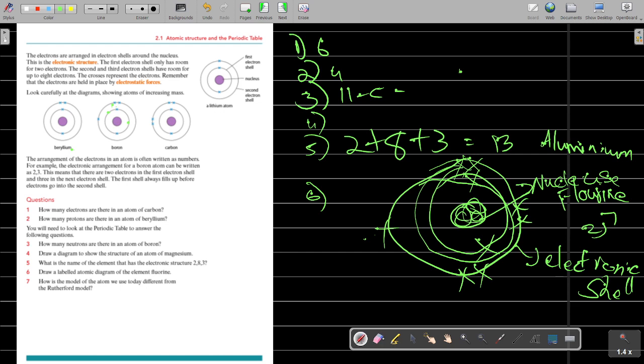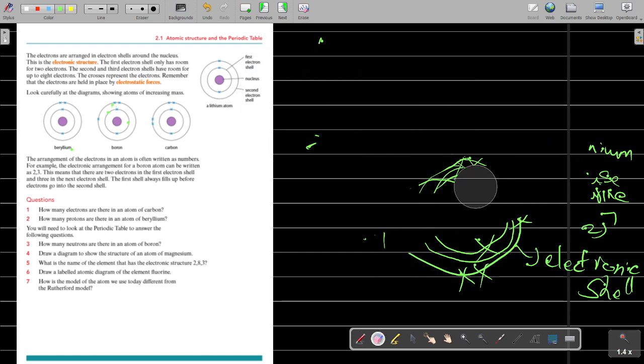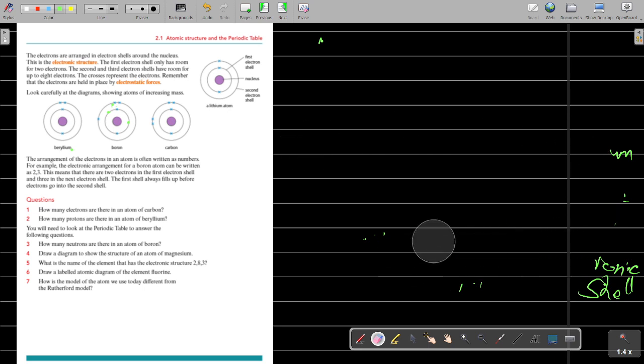And last, the seventh question. How was the model of the atom we use today different from the Rutherford model? This is our model. And Rutherford's model was very different.